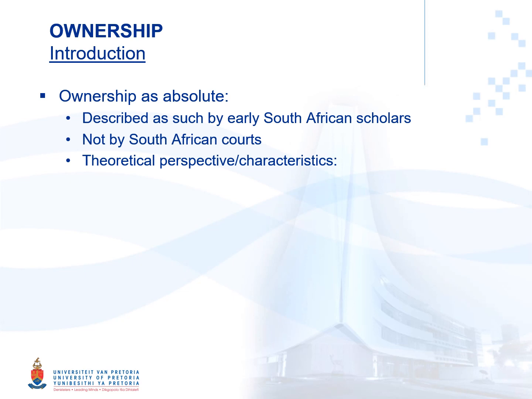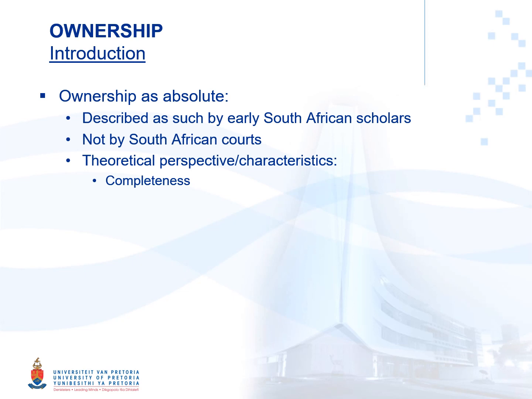So not to indicate the Pandectist absolutist view that ownership trumps all other rights, irrespective of what rights those are, but rather absolutism is used to refer to other characteristics. And these characteristics are known as the general theoretical characteristics of ownership, and they include the following. The first characteristic is that of completeness.